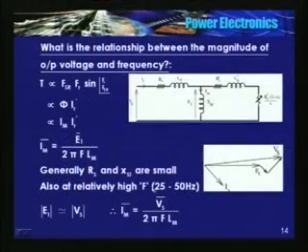In this equation, keeping Vs constant and reducing the frequency, Im tries to increase. Whether it increases in an actual machine, we will see later. If Im increases, flux increases.